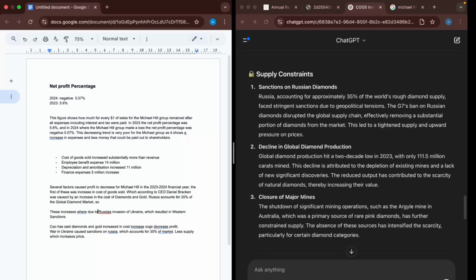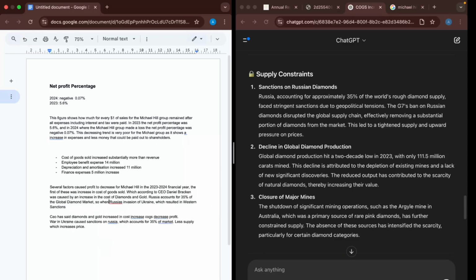So when Russia invaded Ukraine, the Western sanctions reduced the supply of diamonds, pushing up the price. Alright, perfect, guys. That is that first one there done.